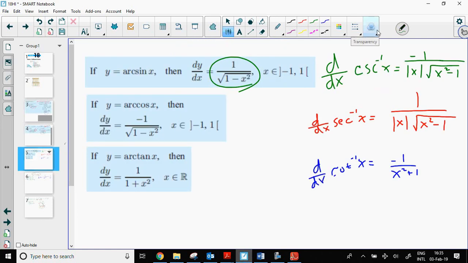Final comment here, these two derivatives came with restricted domains, so that x has to be in between -1 and +1. That's pretty evident from the formulas that we're looking at.